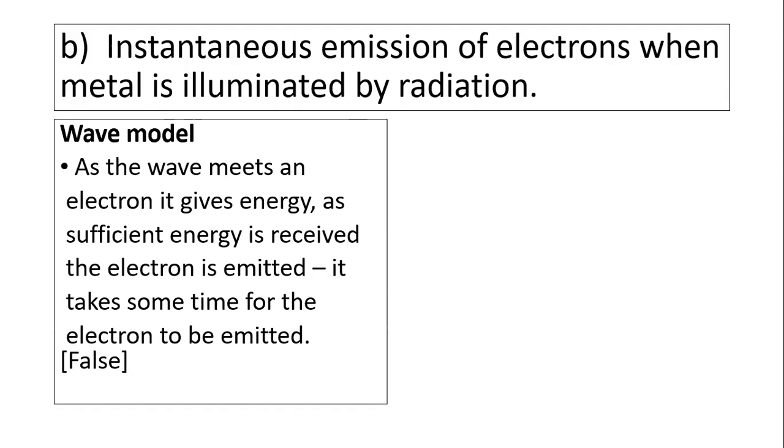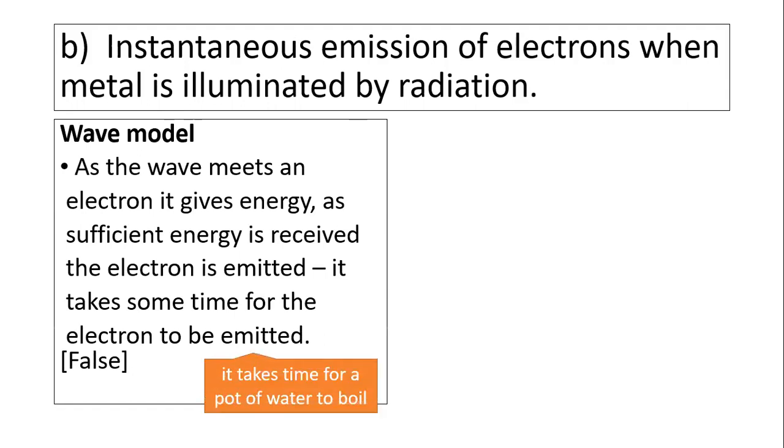But the wave model is different. Wave model is just like our classical physics. It takes time for a pot of water to boil. You have to add heat energy until the temperature increases, then it boils. So that's what the wave model is saying: I give you energy, you receive energy, then it takes some time for the electron to be emitted, which is not true.